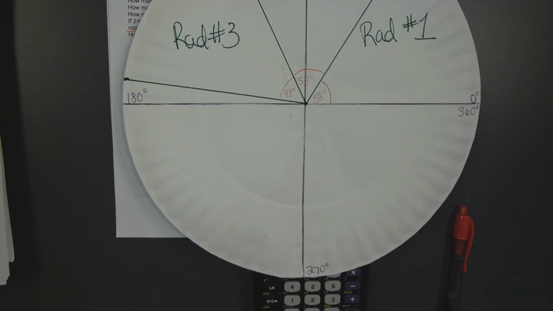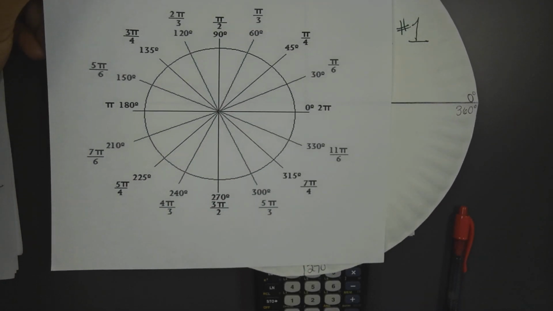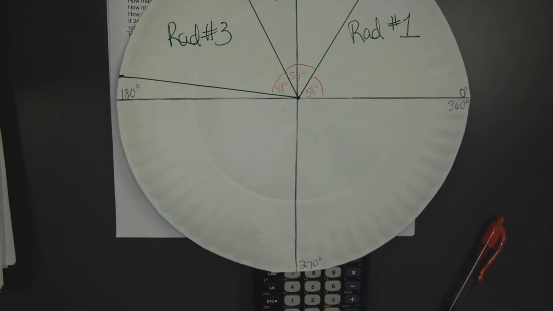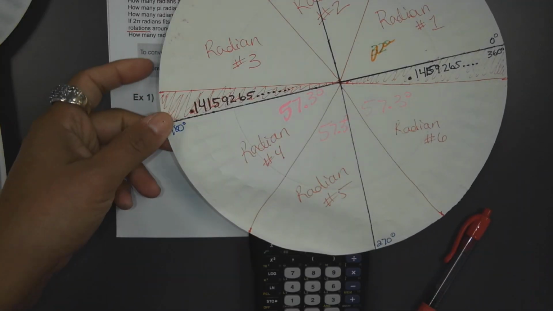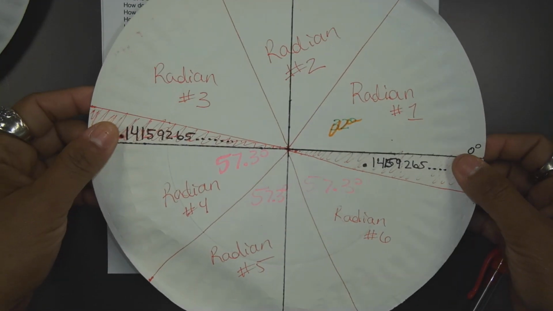When we complete this unit circle, some of you in pre-cal have seen your unit circle in this format. In physics, we like it in this format.